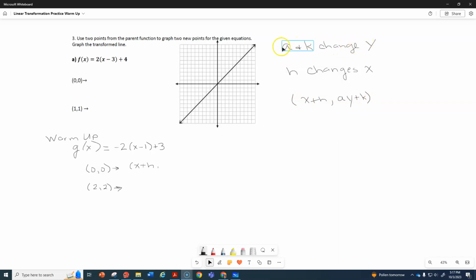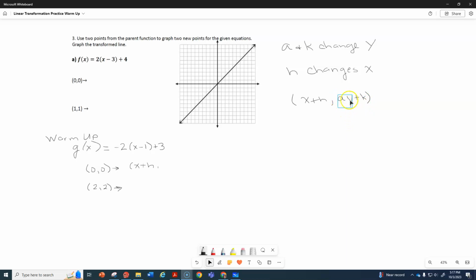You do need to know that A and K are vertical changes, they change the Y value, and H changes the X value, and this is how those changes take place. Shifting something left and right is just like adding it to your X value. Shifting something up and down is also adding. Of course, it'll be subtracting if your K is a negative number.